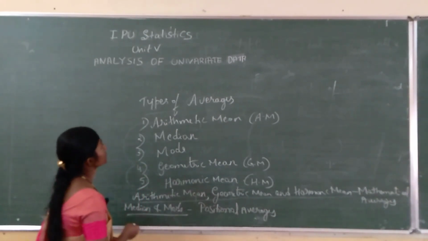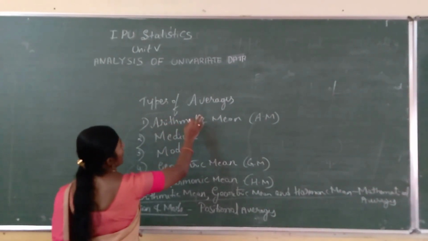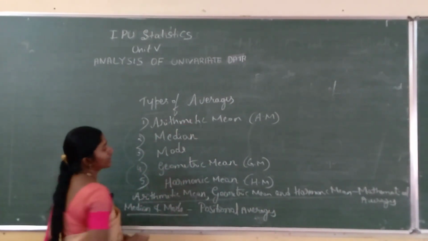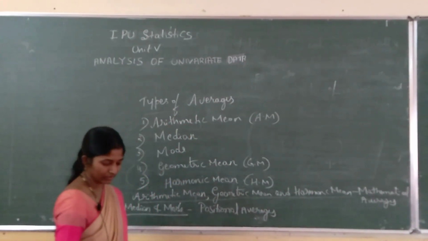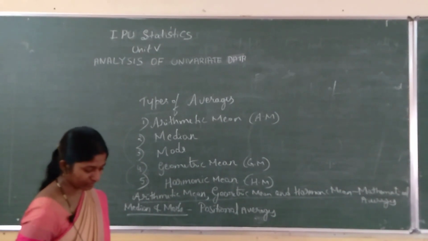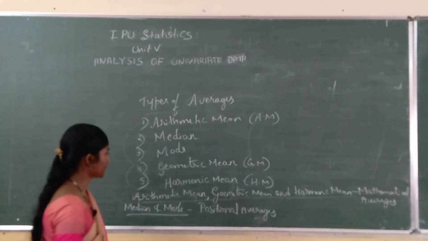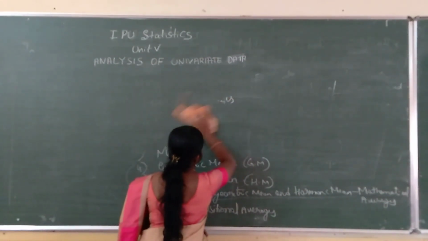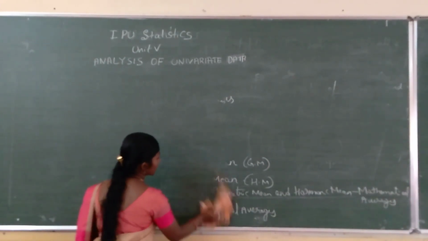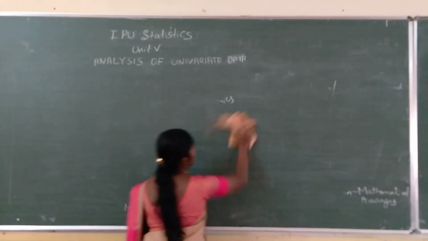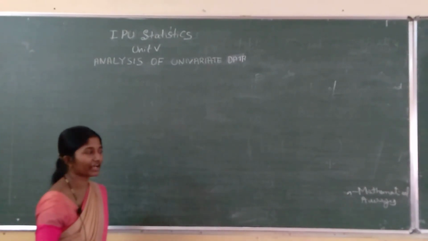Next, see types of averages. We are studying arithmetic mean. In the arithmetic mean, there are two types: one is simple arithmetic mean, and another one is weighted arithmetic mean.